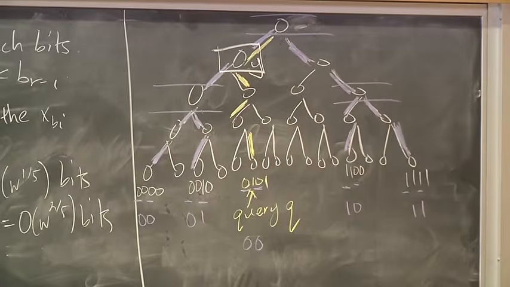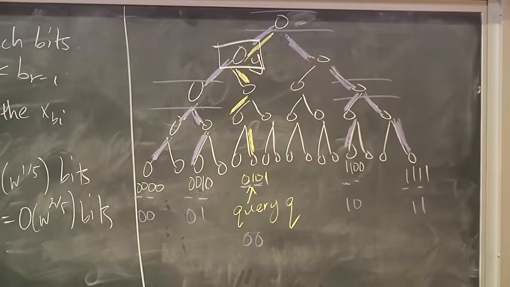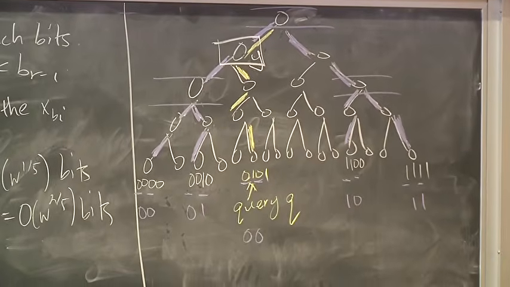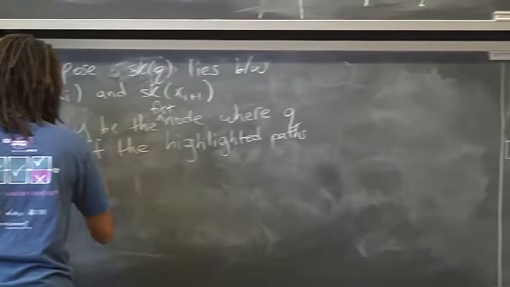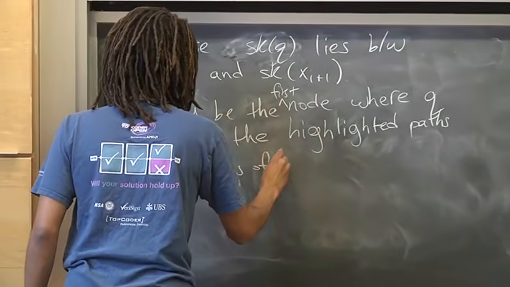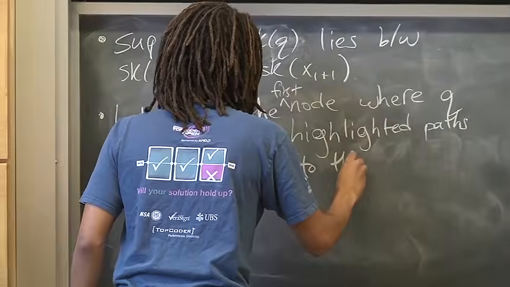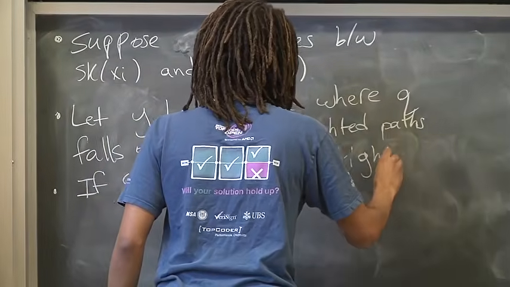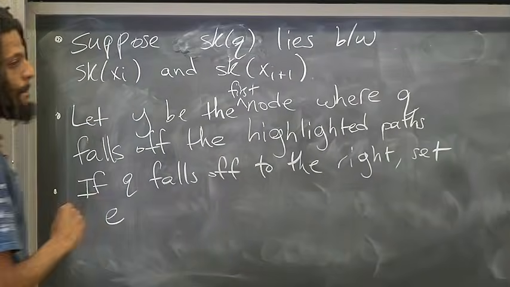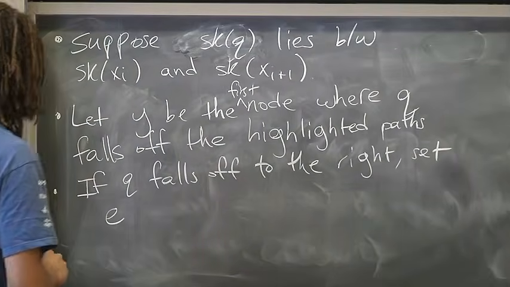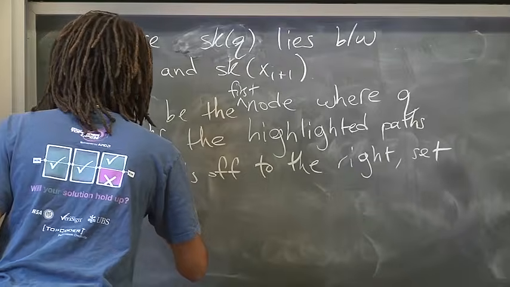Okay, and there are two cases. Either Q is going to fall off and go to the right, or it's going to fall off and go to the left. So if Q falls off to the right, set E to be a new word, y.